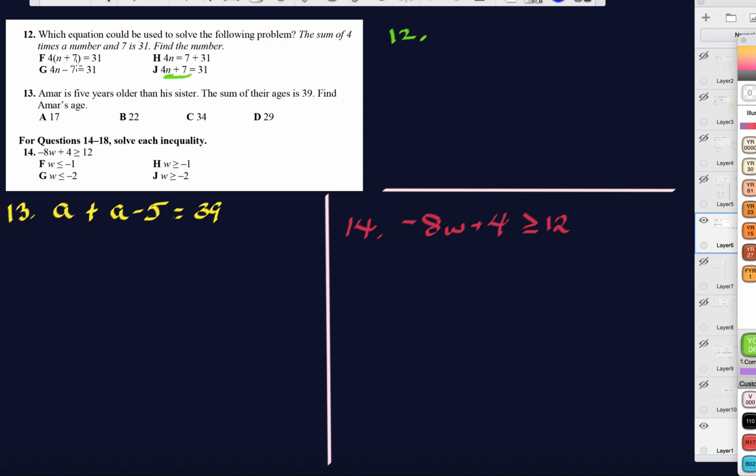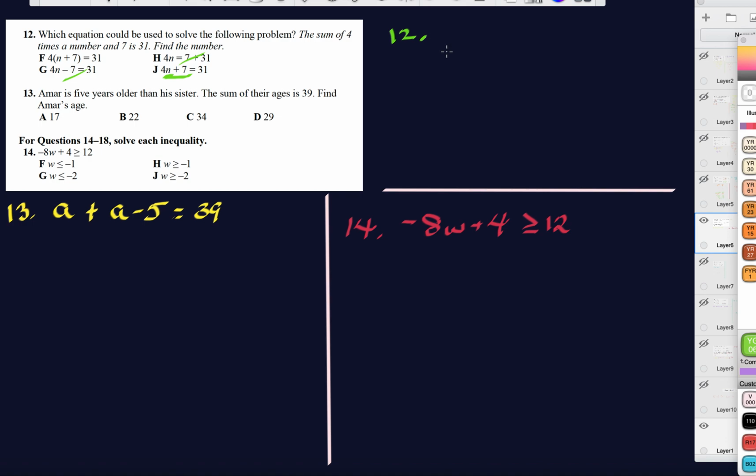If it said something like the quantity of, or 4 times the sum of a number and 7, if this wording were moved around, right? The product of 4 times the sum of a number and 7, we would use this guy up here. So we knew that this wasn't going to work. This is 4 times, this doesn't work. Has to be where the 31 comes in. So you were just choosing between F and J, and it's actually J.